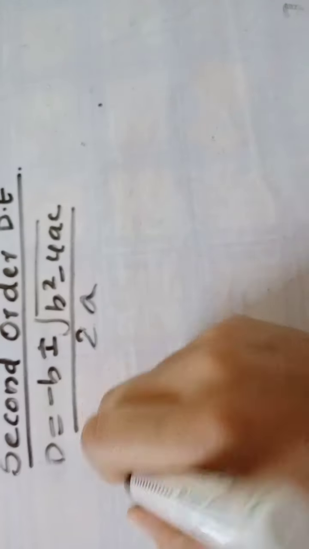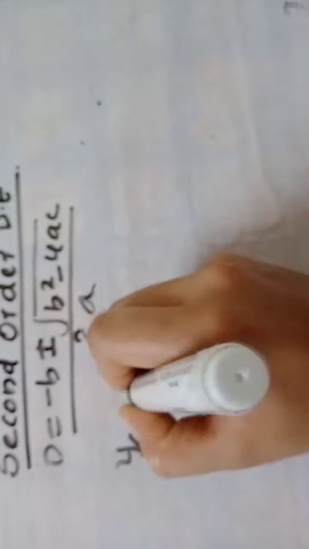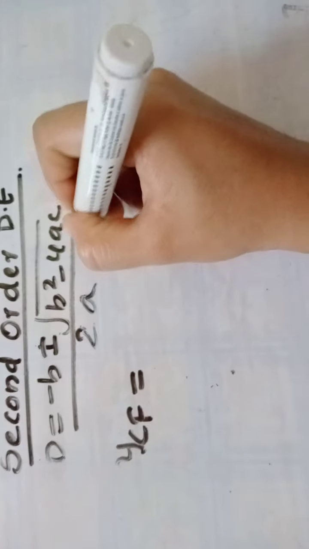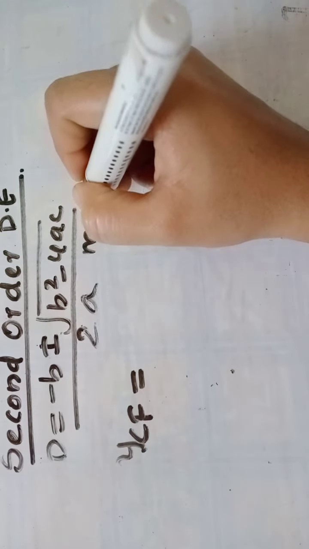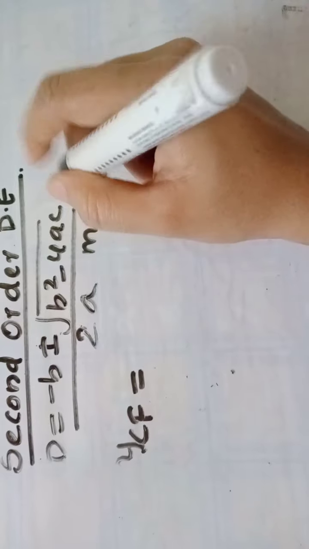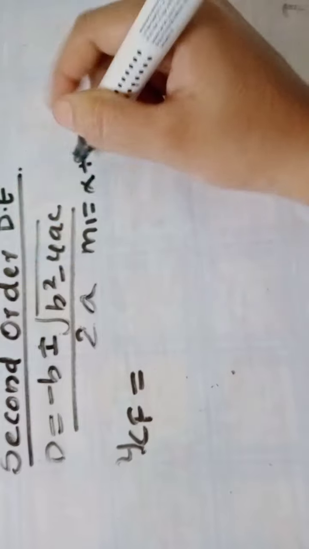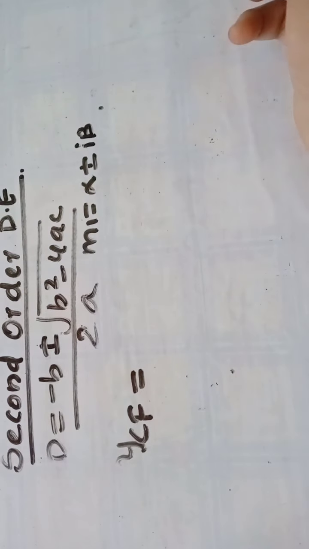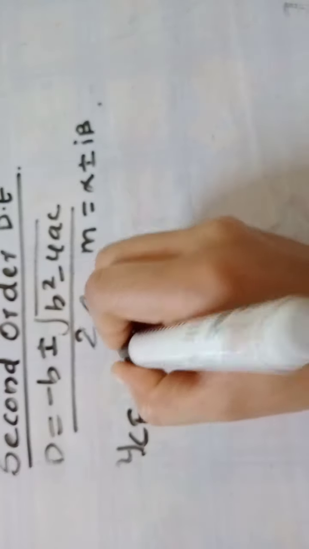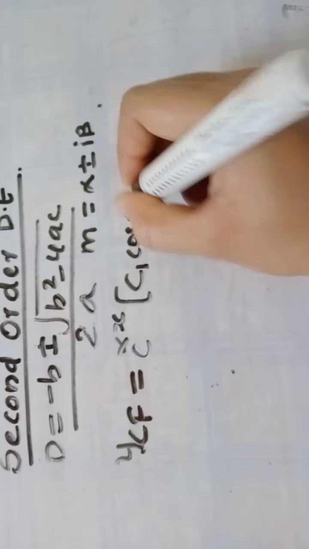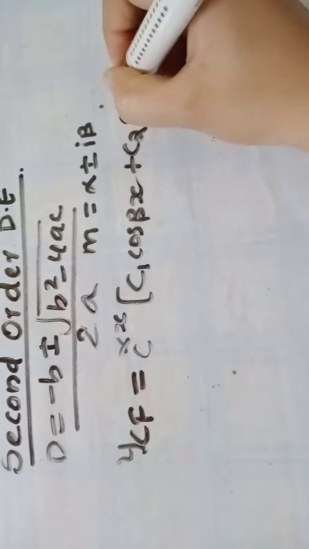For simplicity, we have to remember that the y complementary function for imaginary roots, where m1 and m2 are α ± iβ, is e^(αx)(c1 cos βx + c2 sin βx).